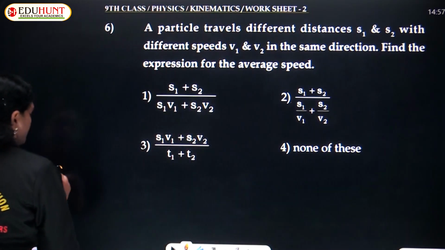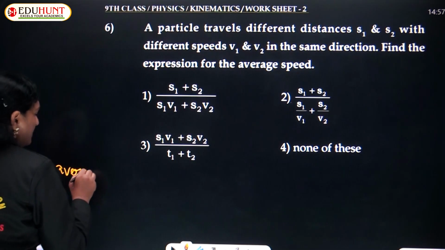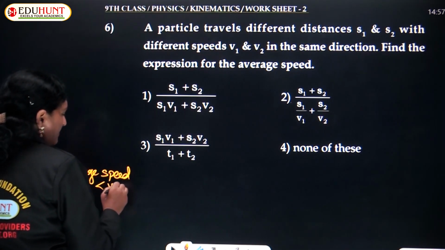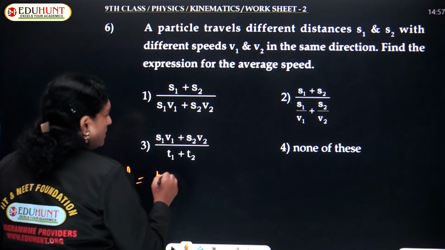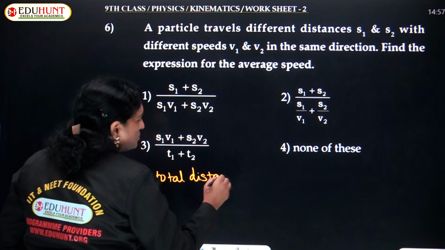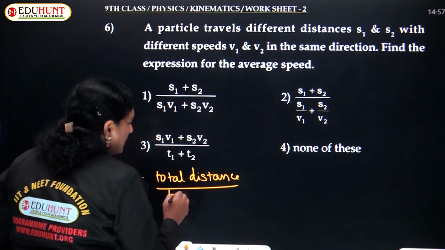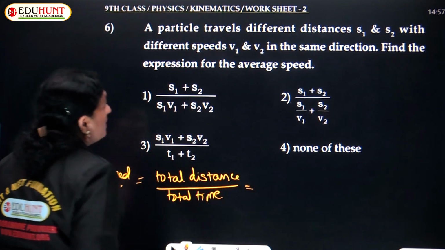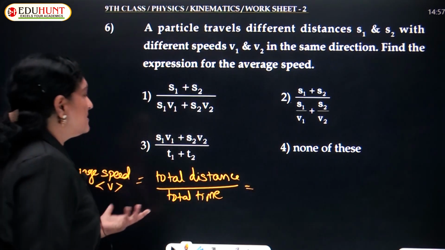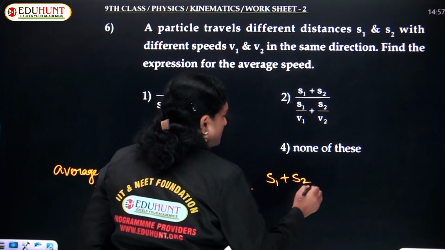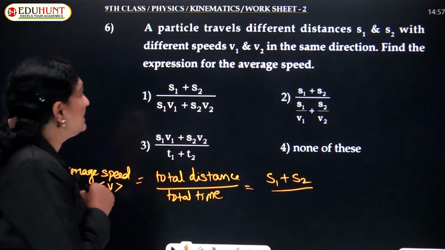So average speed is equal to total distance to the total time taken. So there are two different distances, one is S1, the other is S2, with different speeds.